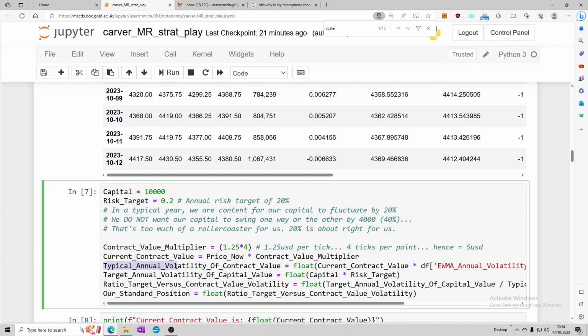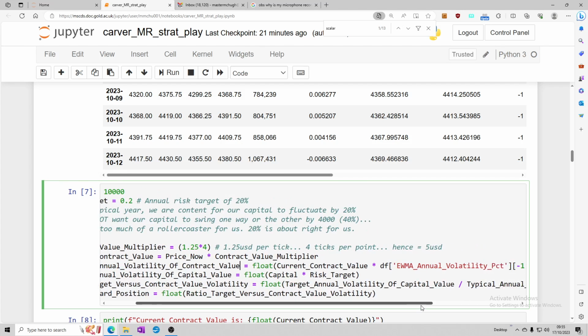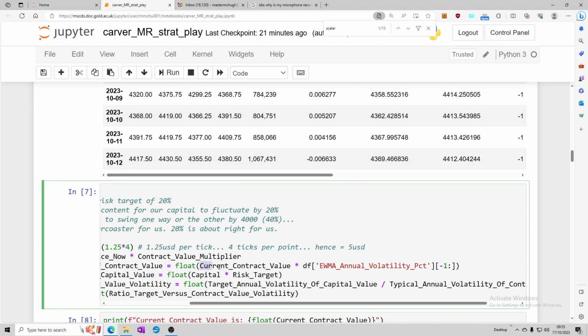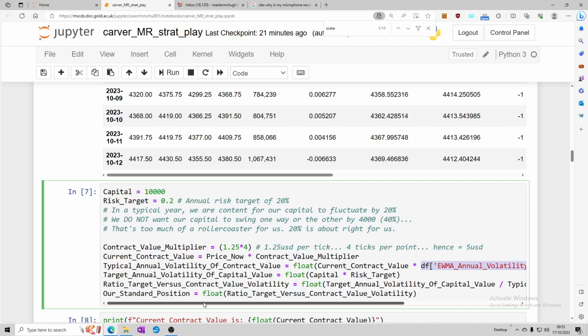The typical annual volatility of the contract is the value of the contract multiplied by the annual volatility in percentage terms. The target annual volatility of our capital is the $10,000 multiplied by the 20%.